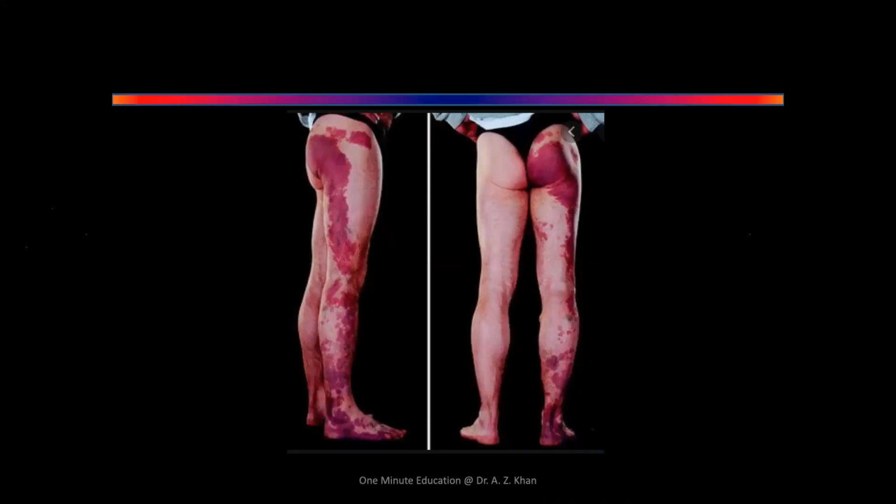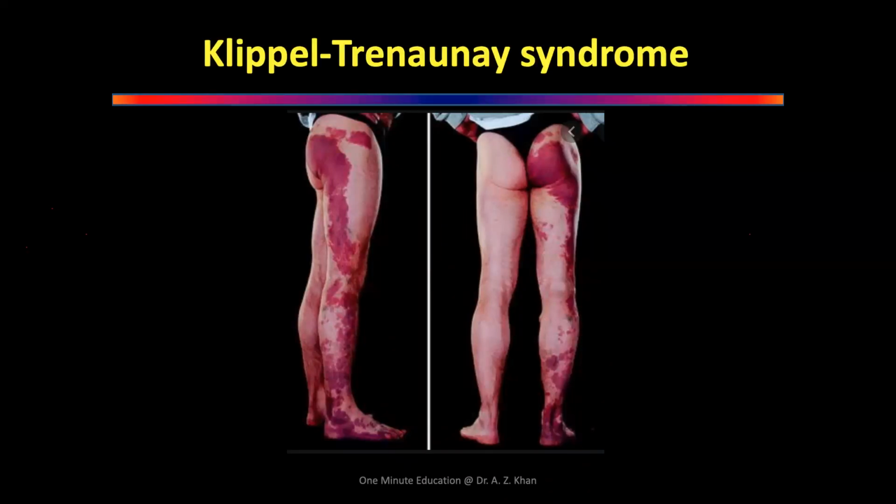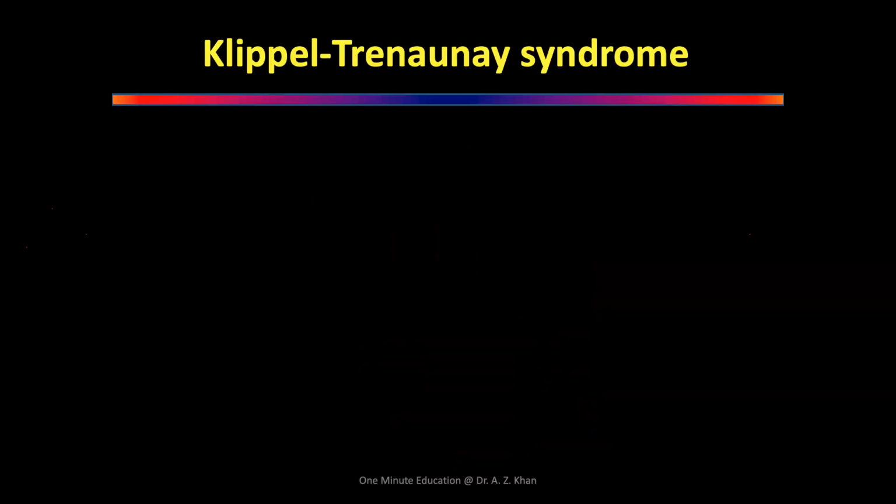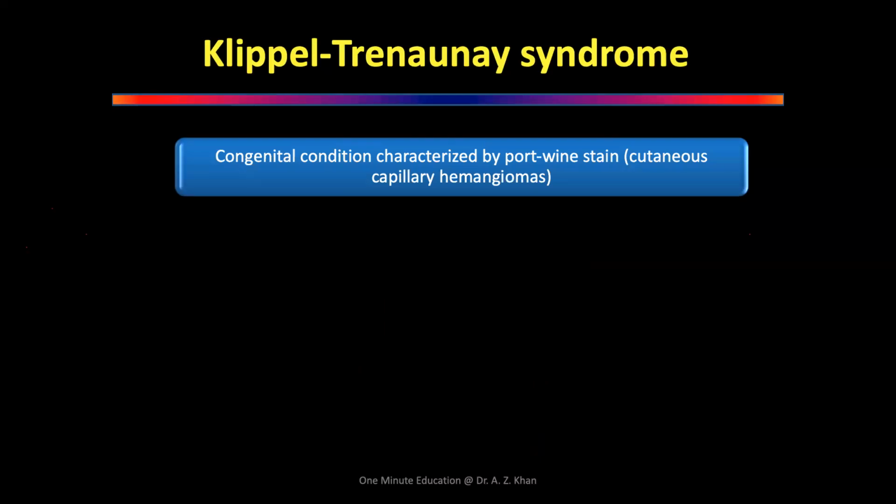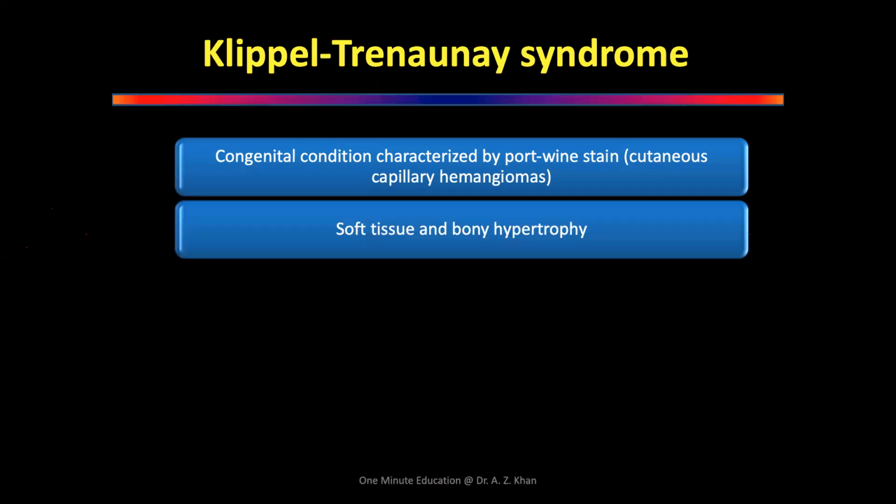Okay, this is the Klippel-Trenaunay syndrome. Usually it's a congenital condition characterized by port wine stain, secondary to cutaneous capillary hemangiomas. It can present with soft tissue and bony hypertrophy.